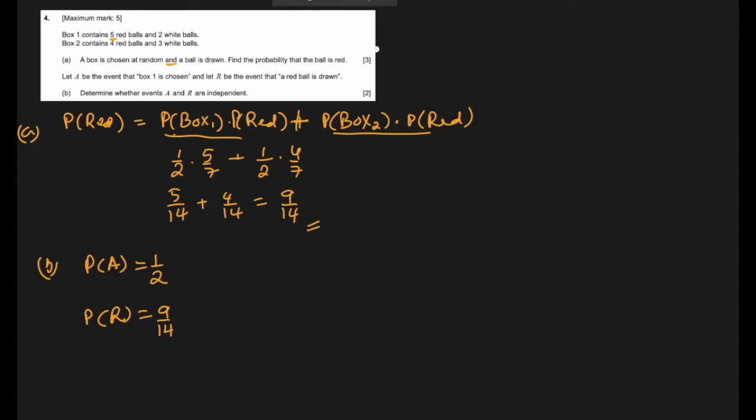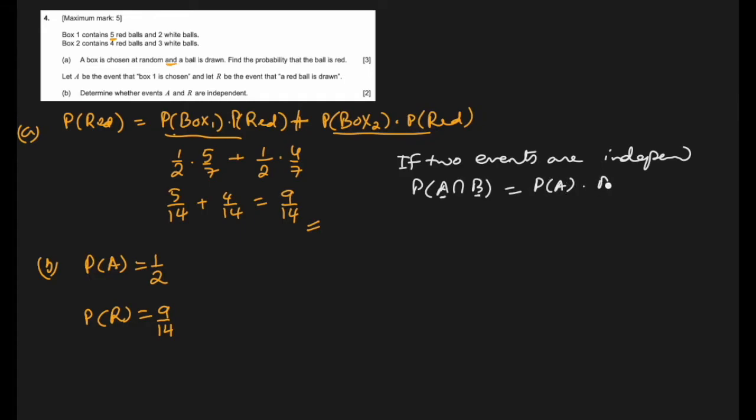So if two events are independent, the probability of A intersection B, where A and B are general events, is equal to the probability of A multiplied by the probability of B, and vice versa.